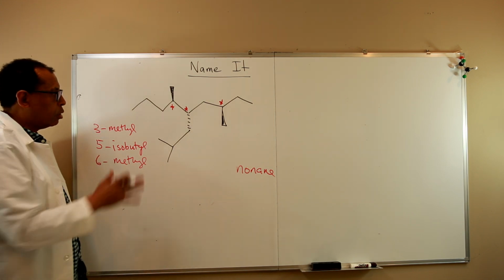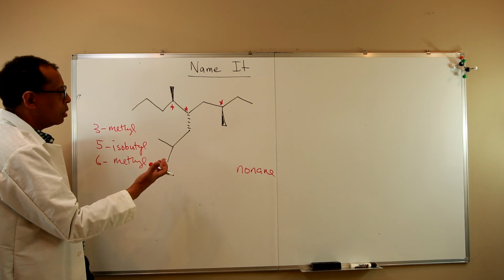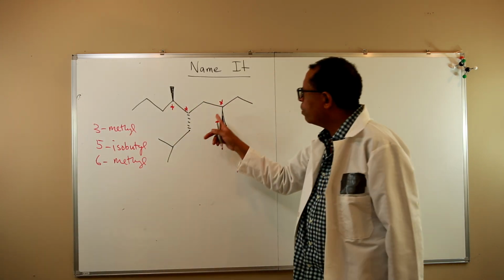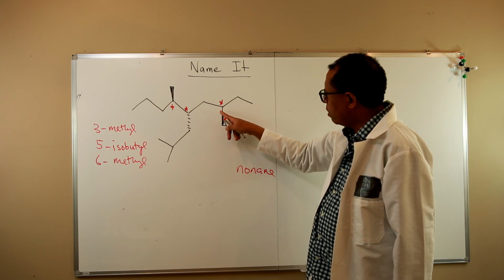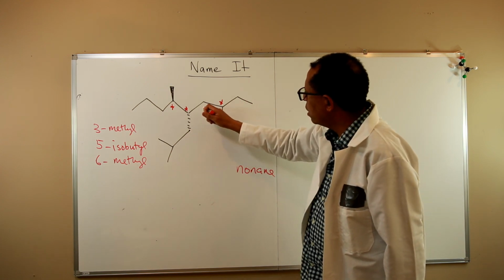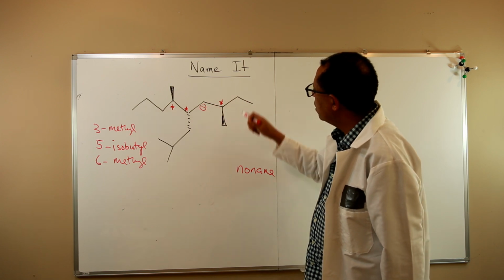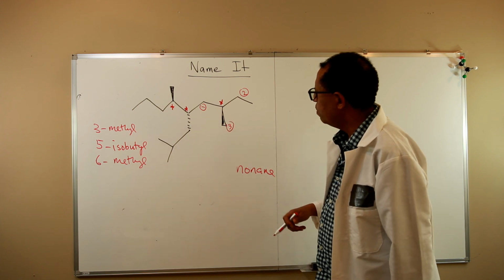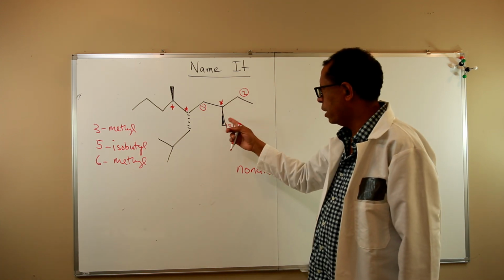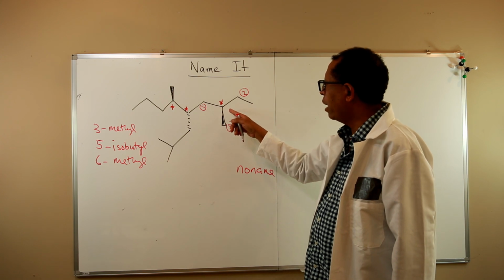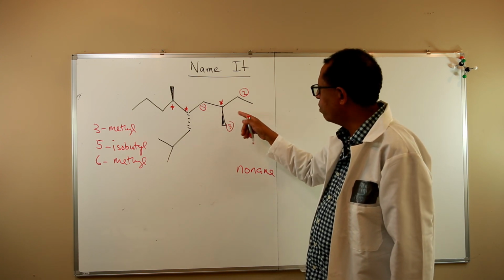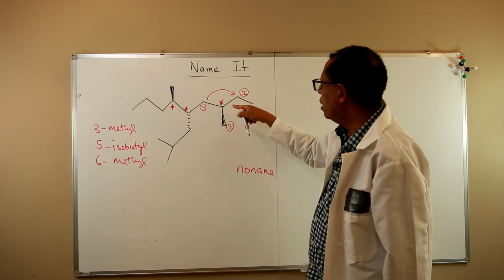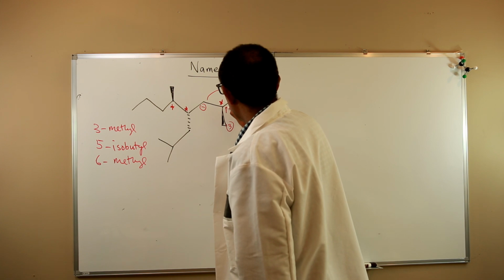My next task is to look at their stereochemistry. For this stereogenic center, the priority is obviously this is 1, this is 2, this is 3. As I already told you, it is specified that the hydrogen is at the back of the plane of the board, so I can directly move from 1 to 2. This tells me this is an R configuration.